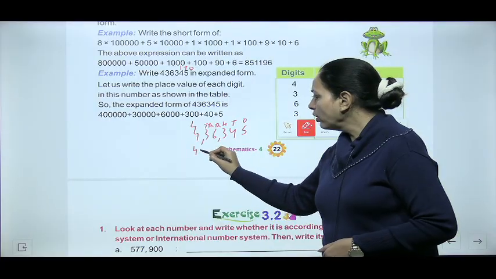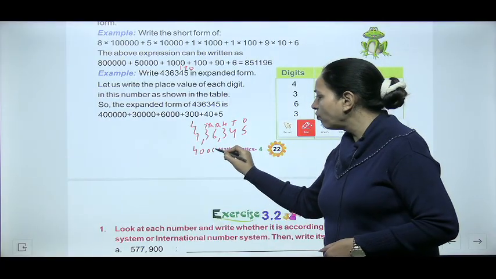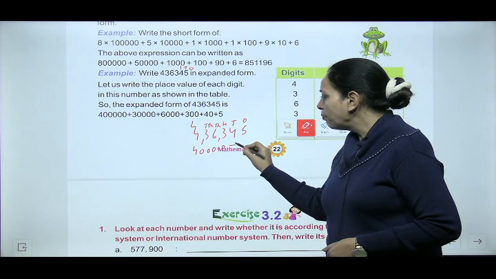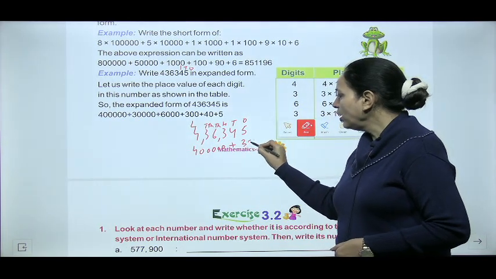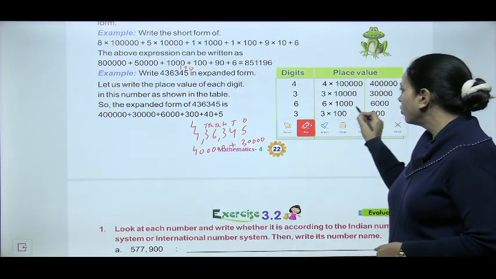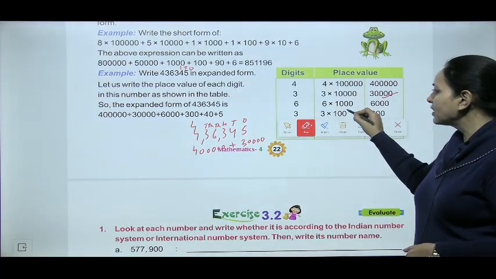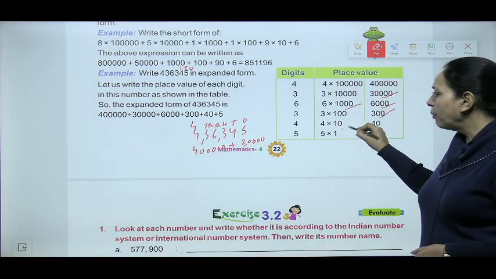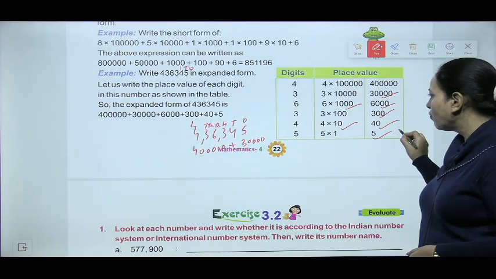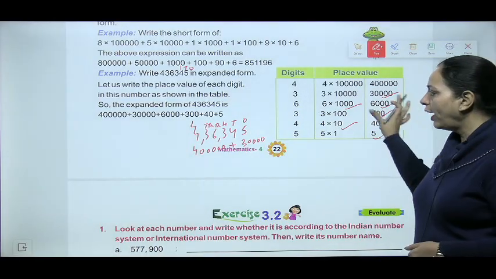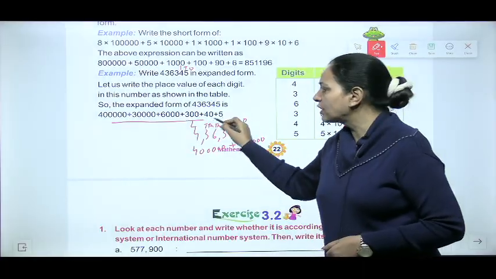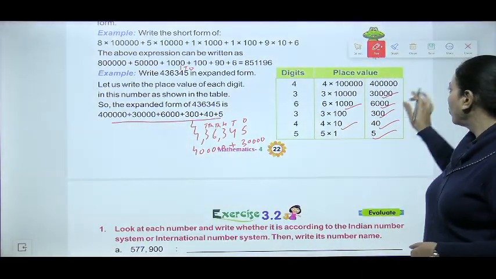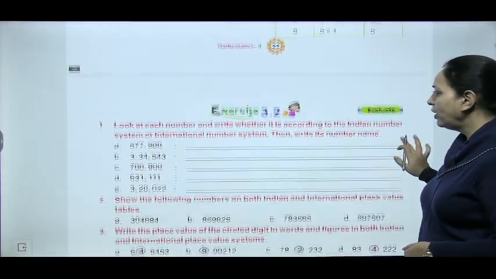So 4 and how many zeros? 5 zeros. Plus 3 and 4 zeros. Okay. Then 6 into 1,000. Then 3 into 100 plus 4 into 10 plus 5 into 1. Now add all these. So this is the expanded form. Okay, I hope this is clear to you, very easy.